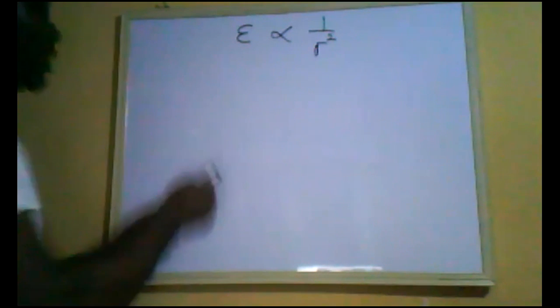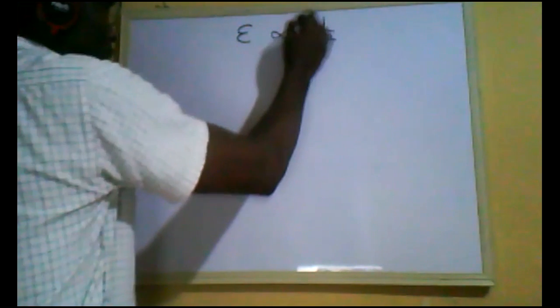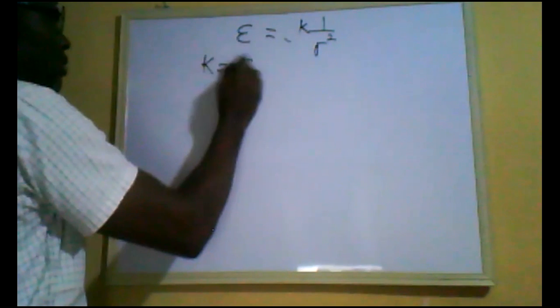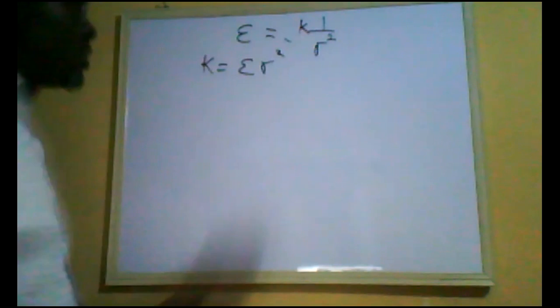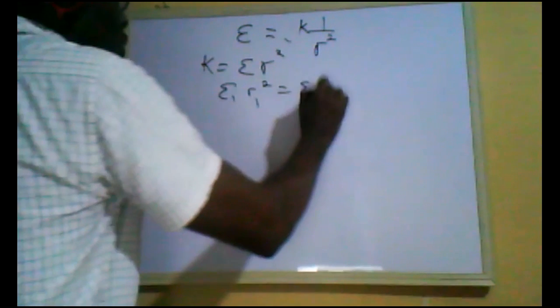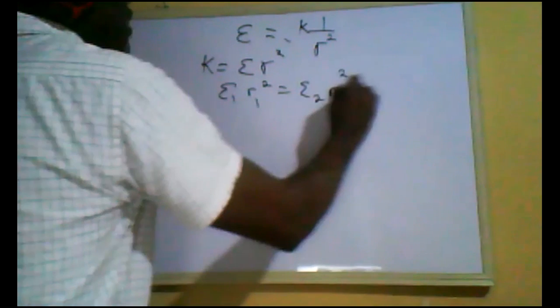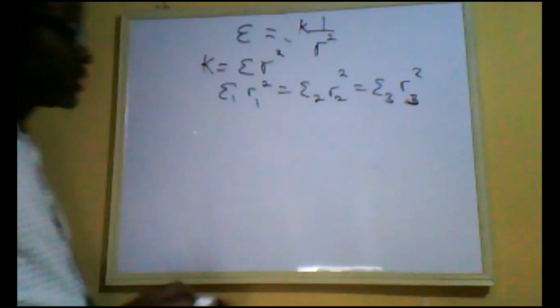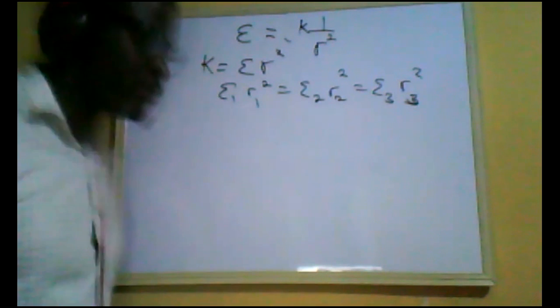At the end of the day, you have a constant, being exposure times distance squared. So if you have different distances, you can have E1 R1 squared, E2 R2 squared, E3 R3 squared, and so on. Here these are just the various distances.